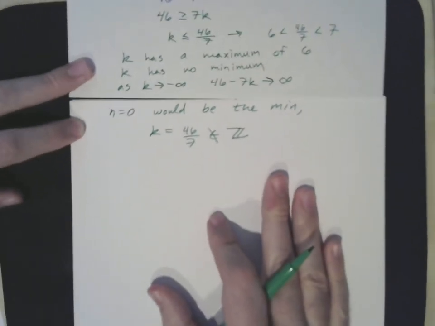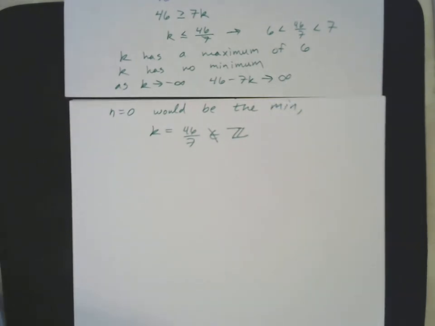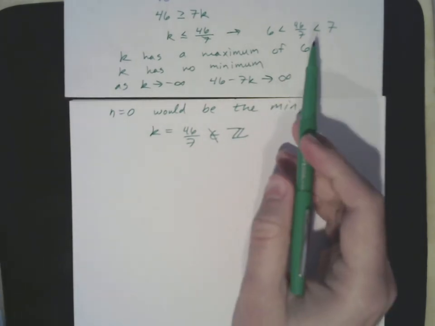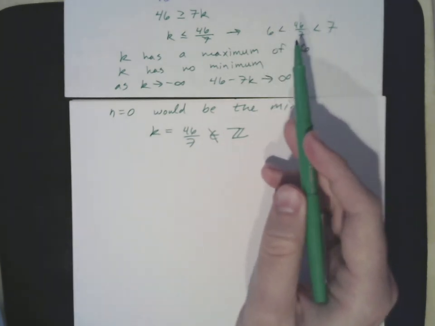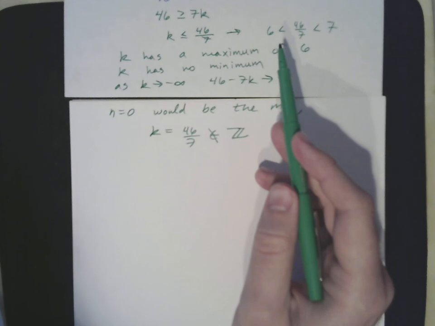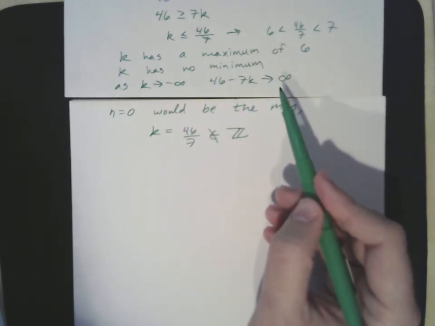So the question comes up, what is the smallest number? Well, 46 over 7 is between 6 and 7. That's not the smallest. We know as we go smaller, we get bigger positively.